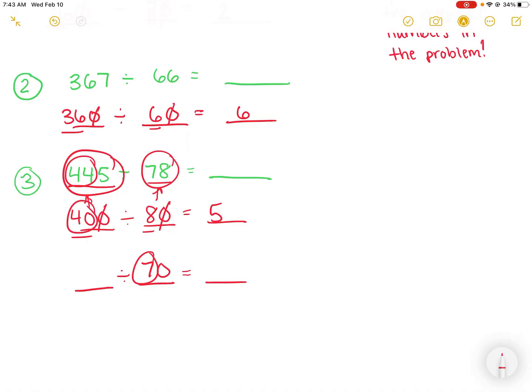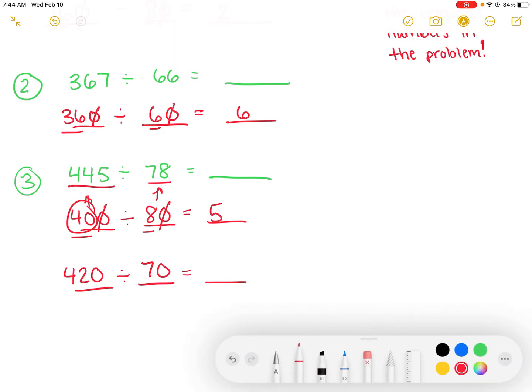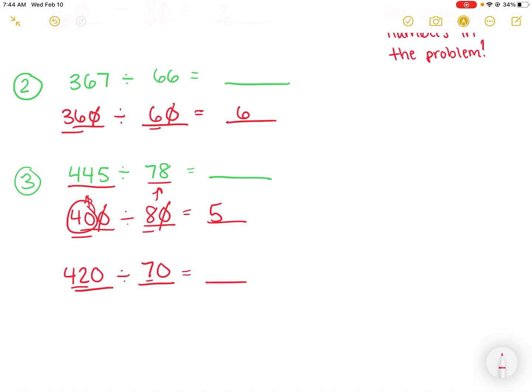So it might be a better estimate. So I'm going to do 420, and then I'm going to divide to find my estimated answer. So I'm going to use my basic fact of 42 divided by 7, which is 6, and I'm going to cross out my zeros. There's no zeros left over, so my answer is just 6.